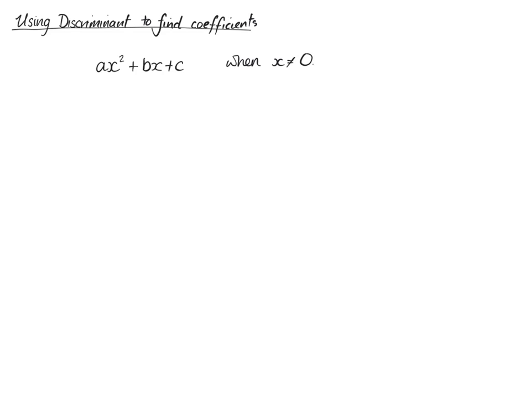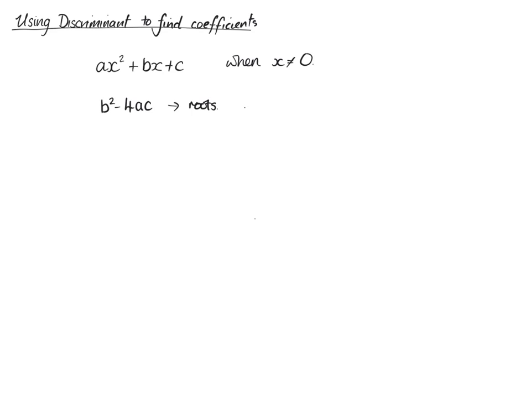And our discriminant is the b squared minus 4ac part, where b is the coefficient of x, a is the coefficient of x squared, and c is just the constant. Right, so this little bit, b squared minus 4ac, is really important and it can tell us a lot of things. It tells us about the roots of the equation, okay?